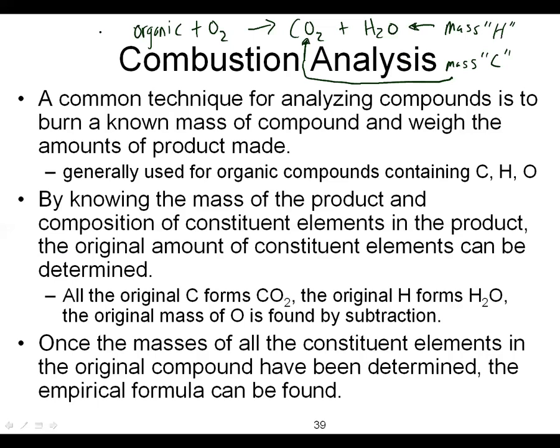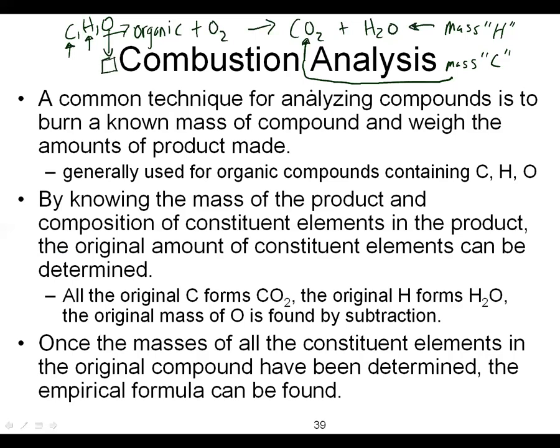An organic compound is pretty much made up of carbon, hydrogen, and oxygen. So by collecting the CO2 and also the water, that allows us to figure out how much carbon and how much hydrogen was originally in there. The one thing it will not allow us to figure out is how much oxygen was originally in there.